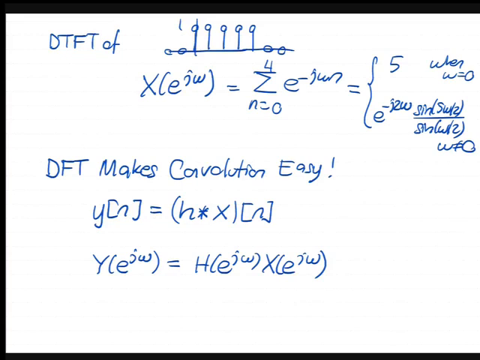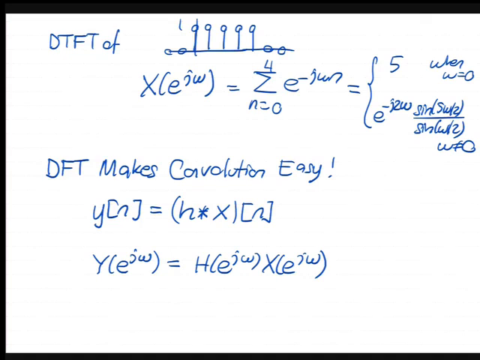The samples on the right-hand side will give me the DFT coefficients of h multiplying the DFT coefficients of x. Correct? So that means I can just take the DFT of h, take the DFT of x, multiply them. That gives me the DFT of y. Do an inverse FFT, you get the result of the convolution.